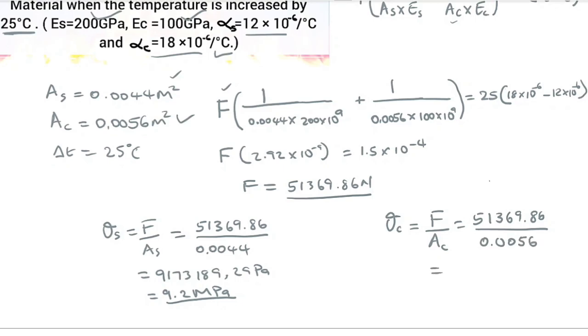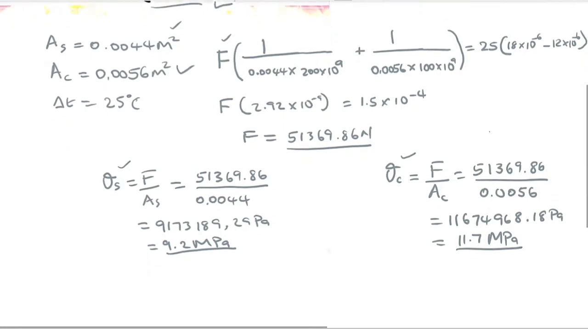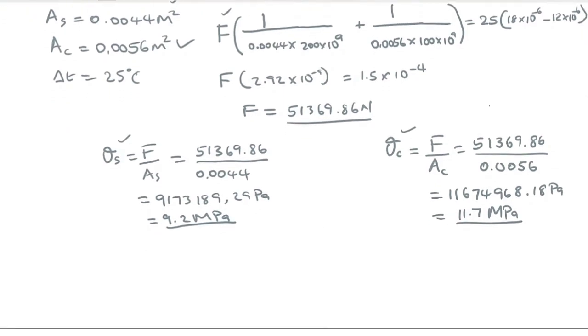The answer is 9,173,189.29 Pascal, which gives 9.2 megapascal. That's the stress for the copper, and that's the stress for the steel that we were required to find.